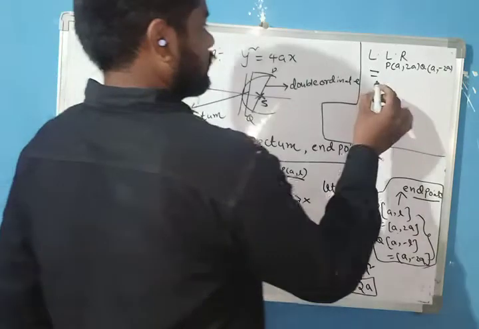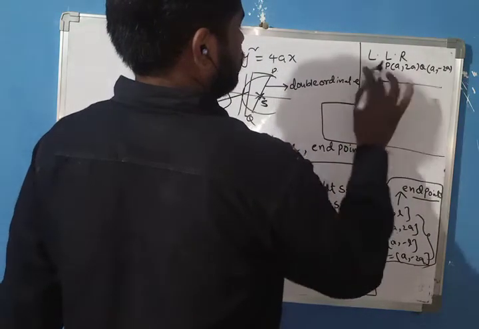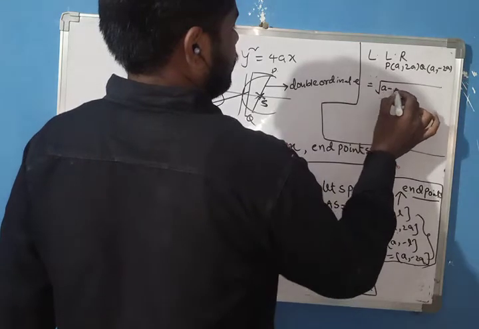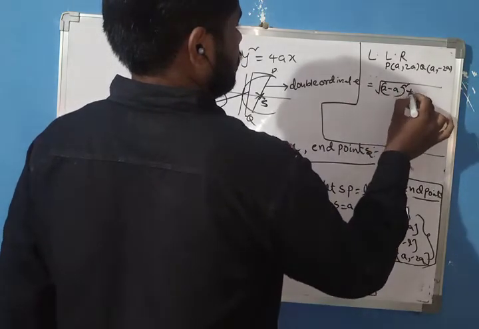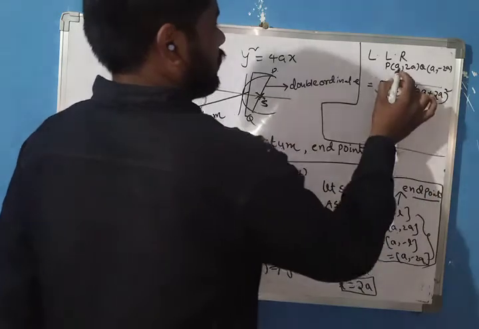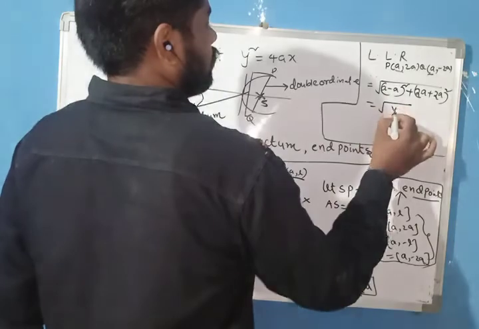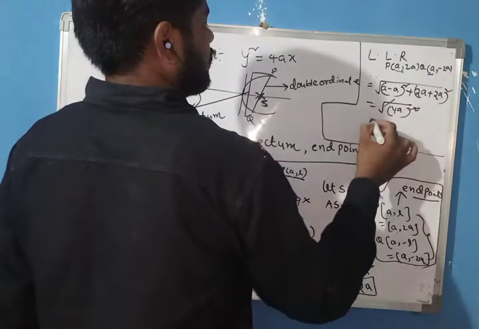Length of the latus rectum, that is PQ, apply the distance between two points formula. Here, x1 minus x2, a minus a whole square, plus 2a plus 2a whole square. That is under root, a minus a whole square zero, 2a plus 2a is 4a whole square, square root cancels.